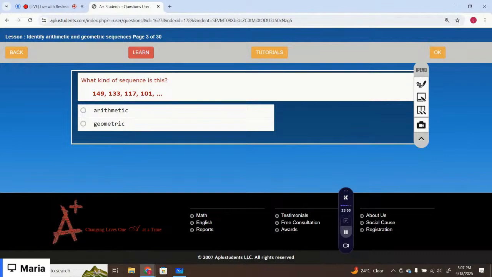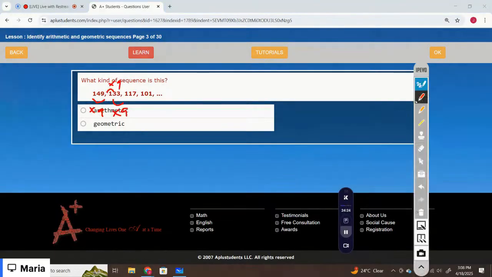What kind of sequence is this? 149, 133, 117, and 101. 149 minus 133 is 16, because the pattern is decreasing.